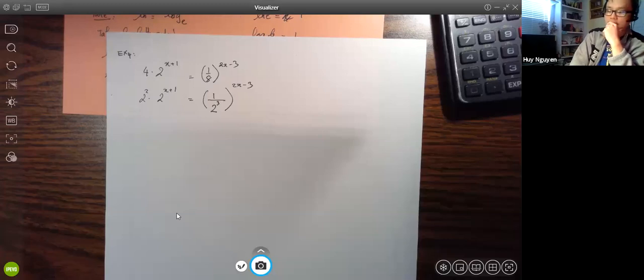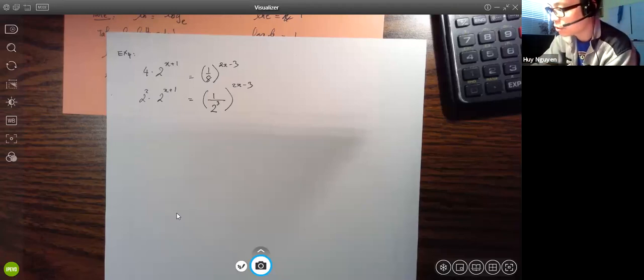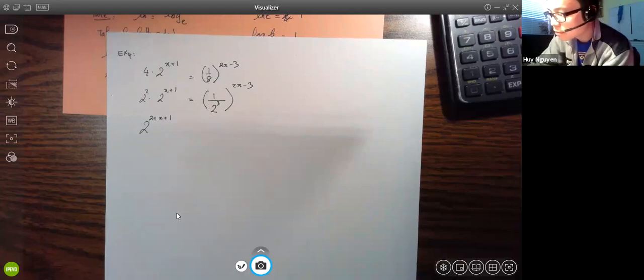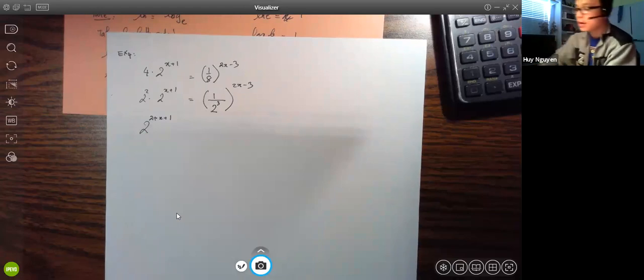Now, on the left-hand side, you see that we have the same base. It means we can add exponents. So I have 2 raised to 2 plus x plus 1. See, I'm just adding exponents on the left-hand side.